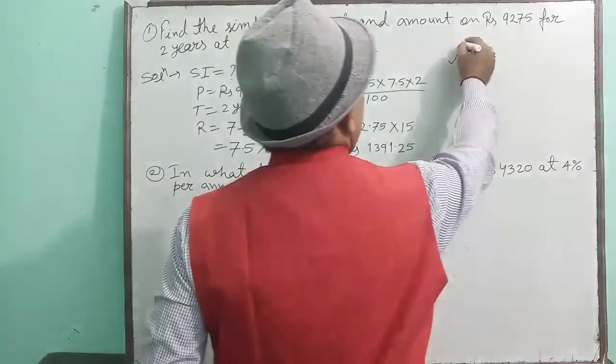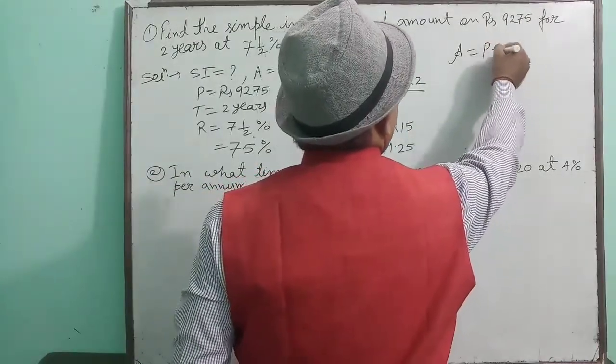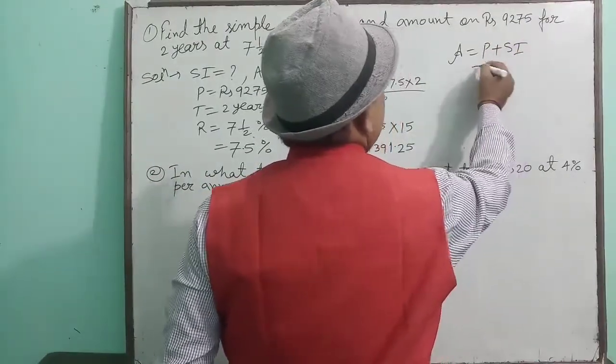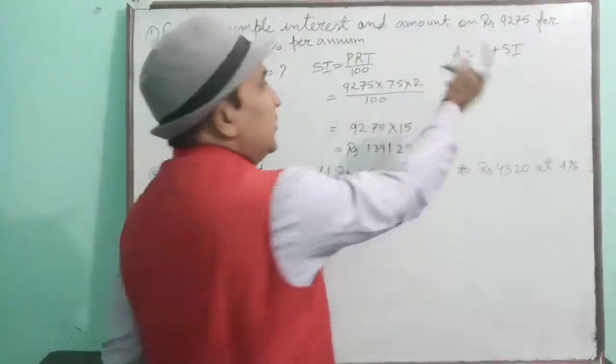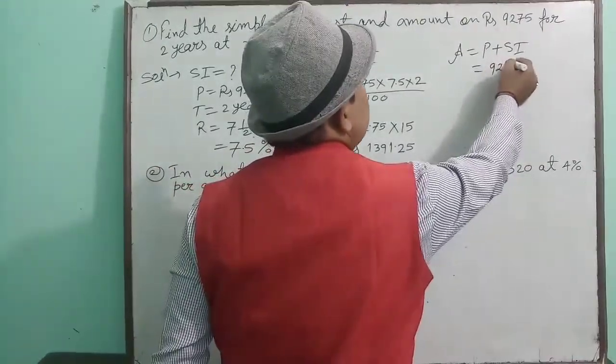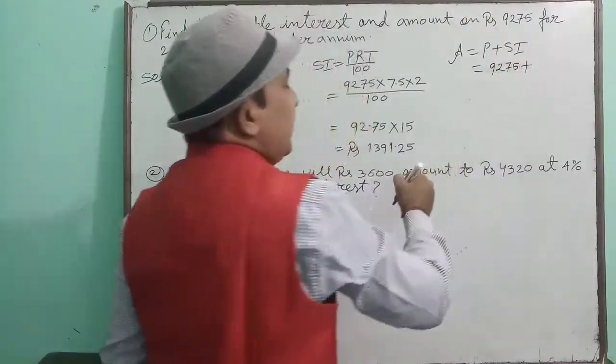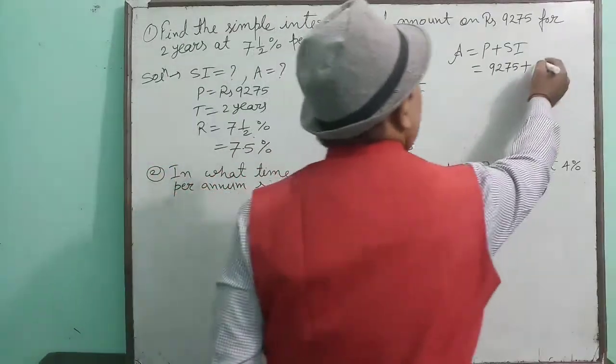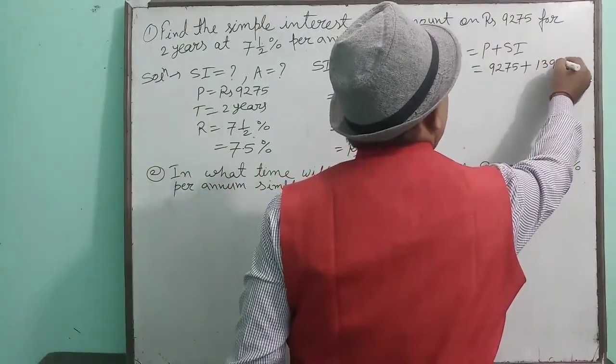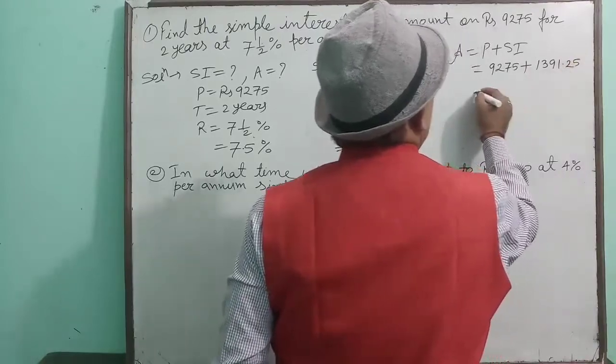Now we can find the amount also. Amount is equal to principal plus simple interest. Now principal amount is 9,275. Simple interest we have got 1,391.25.